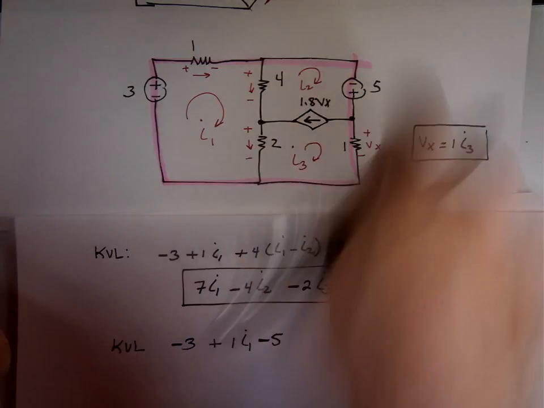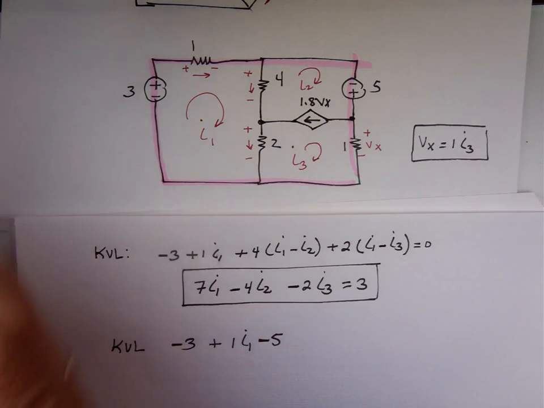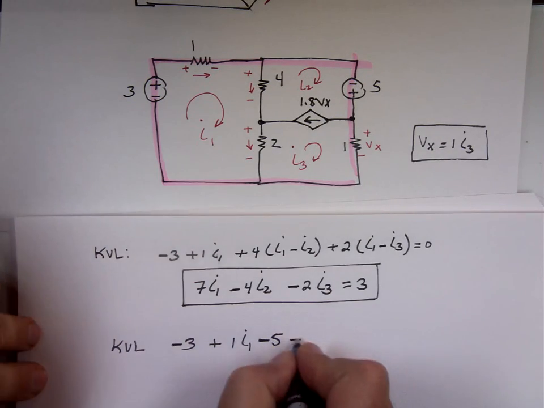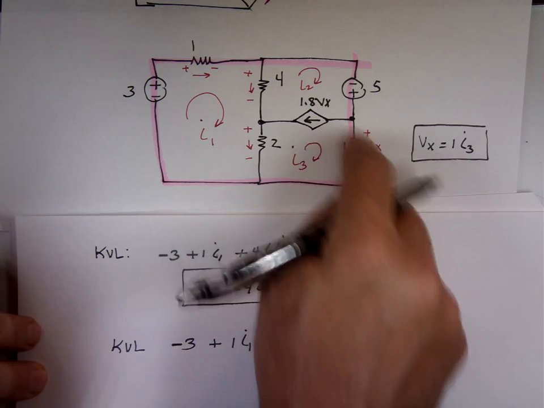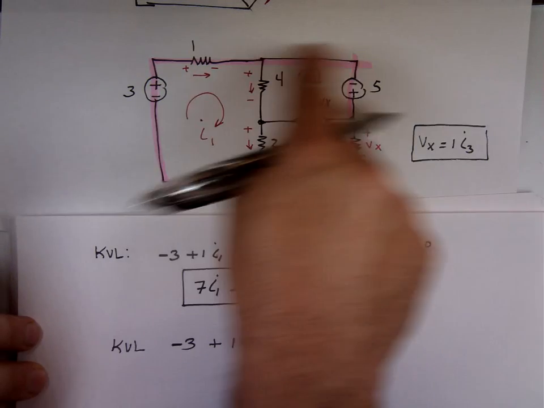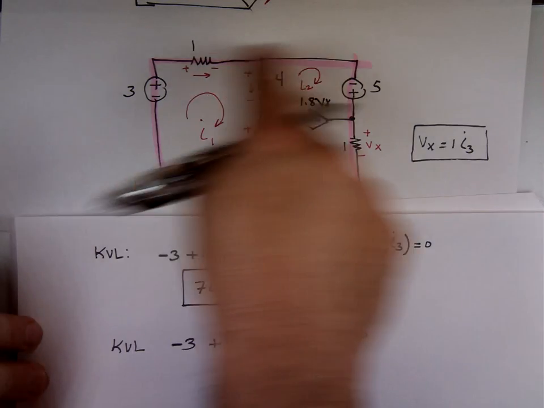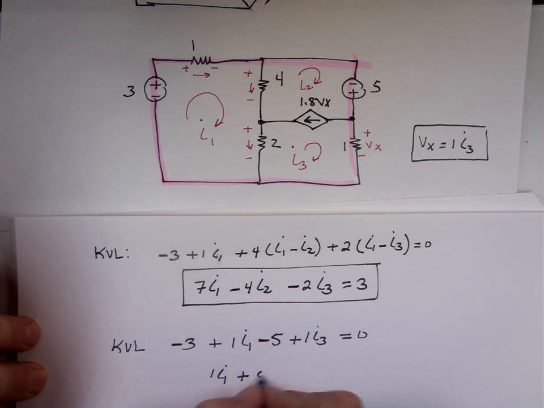Plus to minus, coming down, that's Vx, plus 1 I sub 3, that's what Vx is equal to, equals 0. So if you travel on the outside, this is what you have. Clean it. 1 I sub 1, there is no I sub 2, 0 I sub 2, plus I sub 3, or 1 I sub 3, is equal to 8.